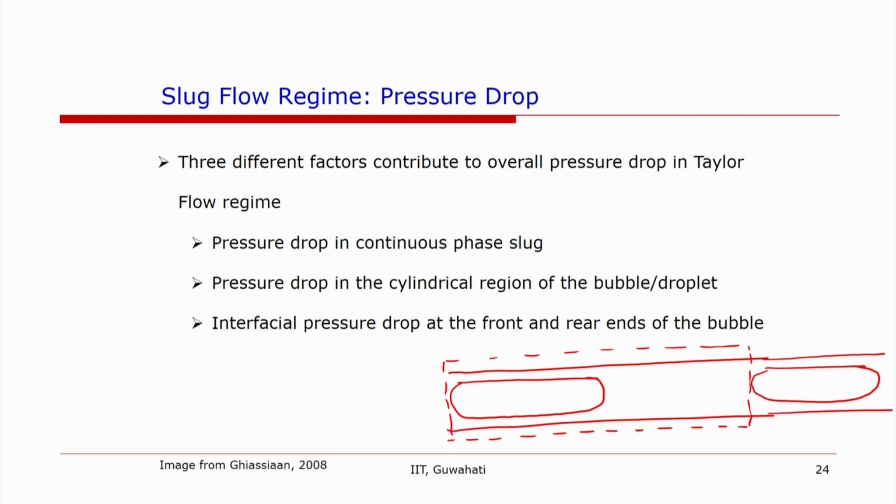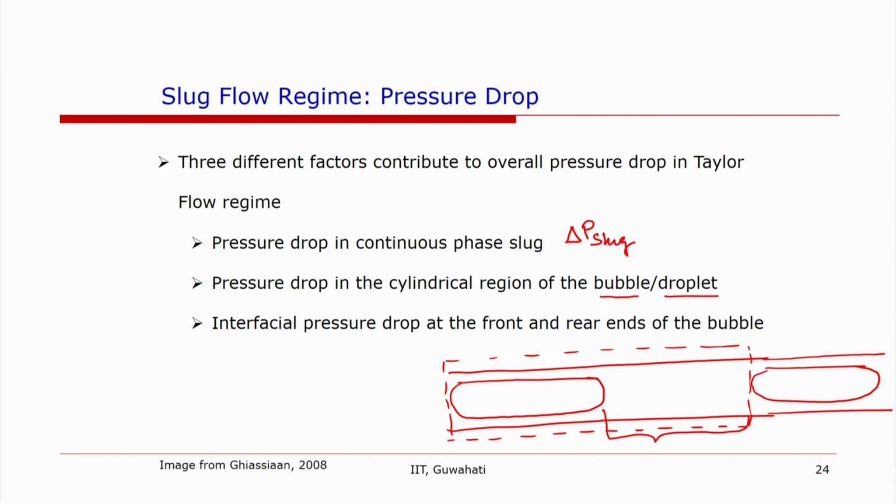then there are different pressure drops that we need to consider. The pressure drop in the continuous slug phase, so delta P slug, then pressure drop in the cylindrical region or in the film region, because this flow regime occurs in gas liquid and liquid liquid flow.